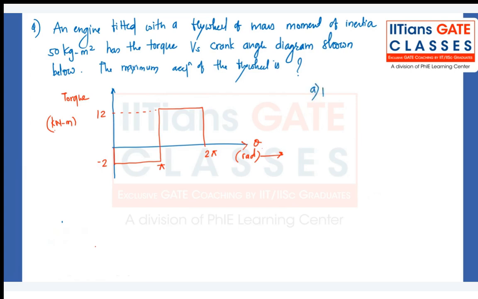Options are given to you: 100 meter per second square, 120 meter per second square, 140 meter per second square, and option D is none. Okay, try to solve this one. Last problem from the flywheels topic.